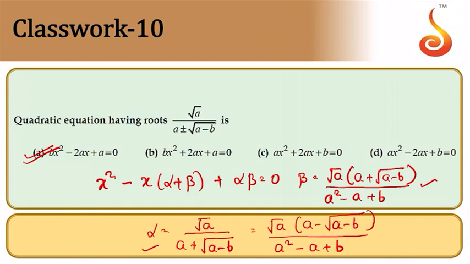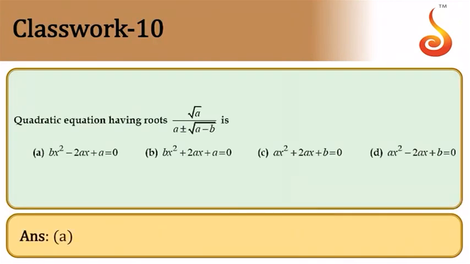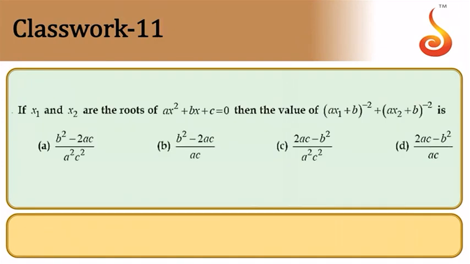Substitute in x square minus x into alpha plus beta and product of roots, automatically get answer. Simple numerical problem. Option A is correct.